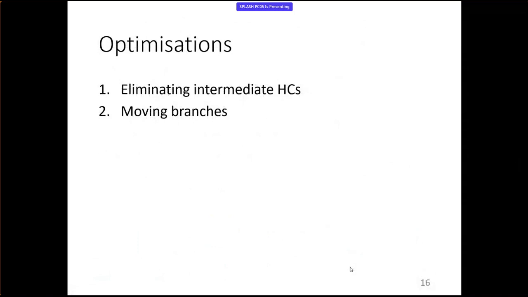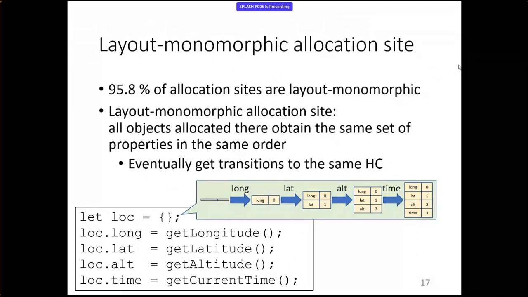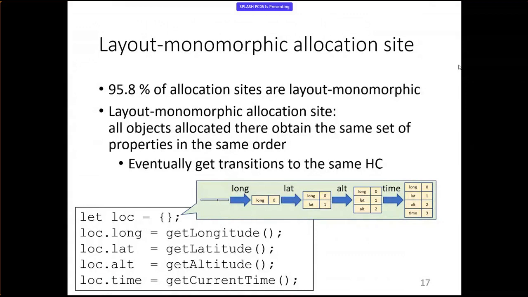In this work, we tried these two optimizations. For the first one, we observed that 95.8% of allocation sites are layout monomorphic in our benchmark programs. A layout monomorphic allocation site is an allocation site where all objects allocated there obtain the same set of properties in the same order.